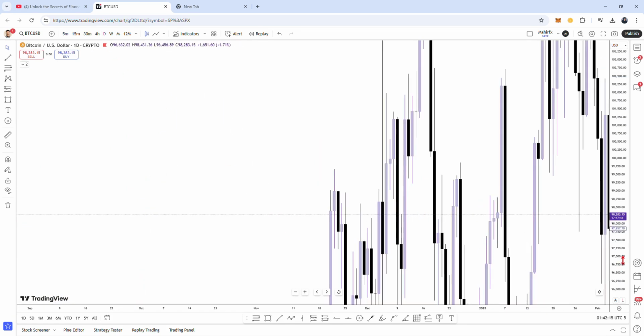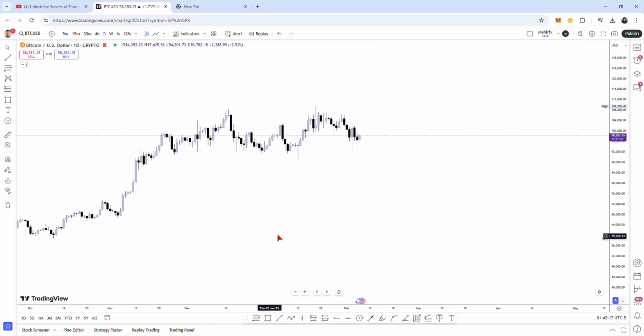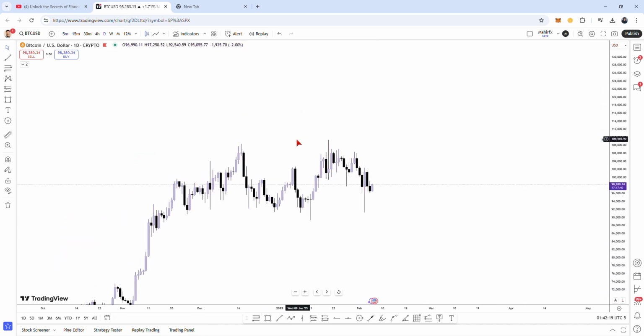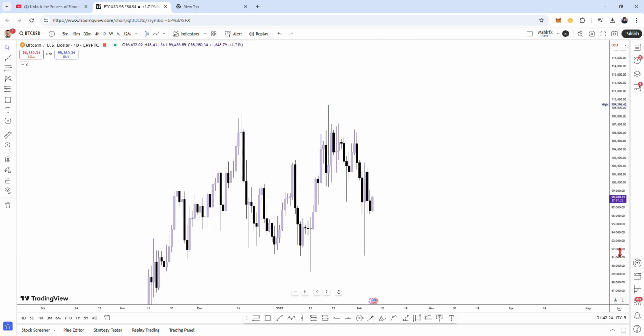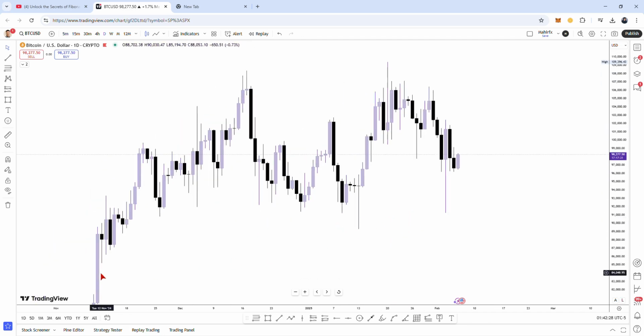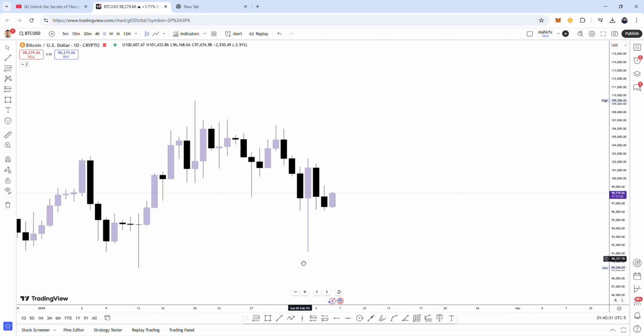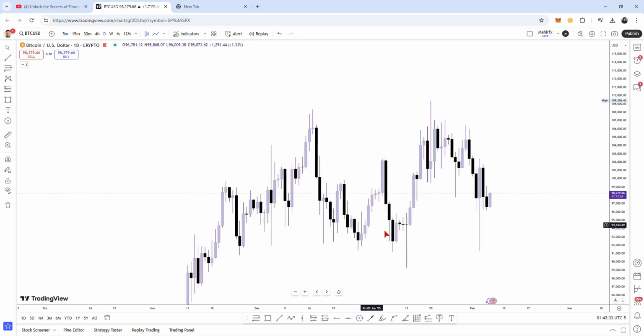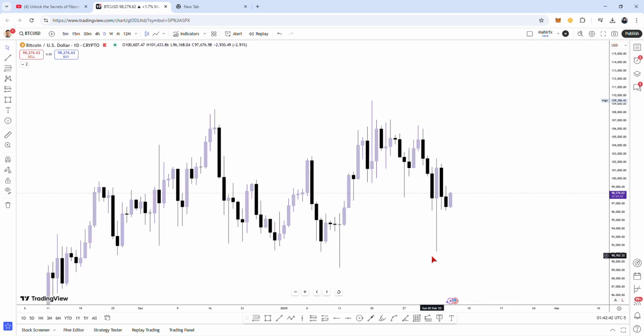In the current situation, Bitcoin on higher time frame is going sideways, but as you can see, this is trending down, which means we have to look for sells up to this area. Before that, we have to identify the high and the low of the swings of daily.